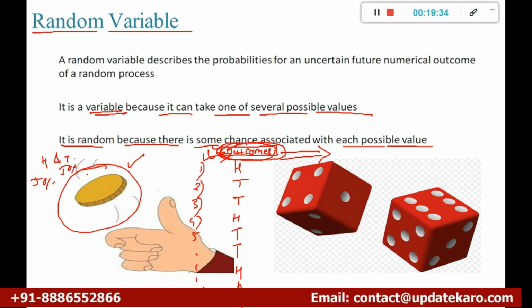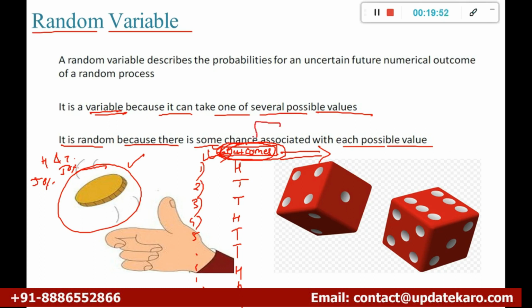So every time I toss the coin, the head and tail are going to have a chance associated with them of 50%. And I am storing all those values in the variable called outcomes.